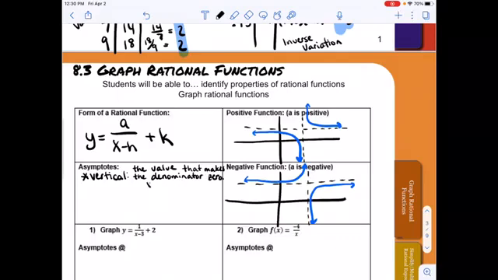And this will be an x equals equation that you can graph, okay? So I'll get to an example in just a minute.